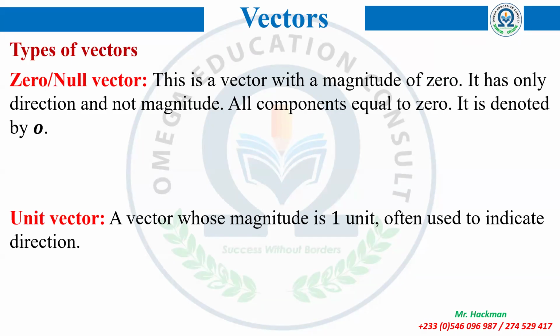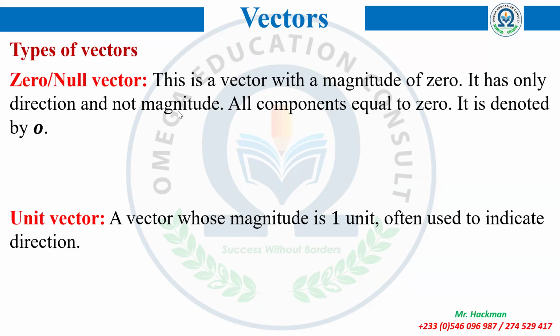So if the vector has a magnitude of 0, we label the vector a 0 vector. 0 we all know is the same as null. Take note, it has only direction and not magnitude.